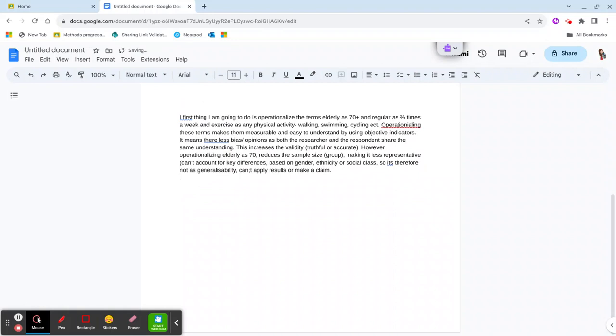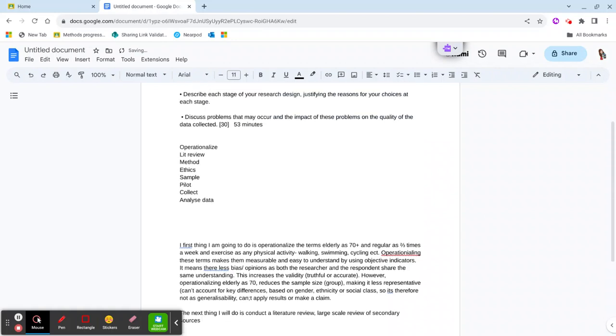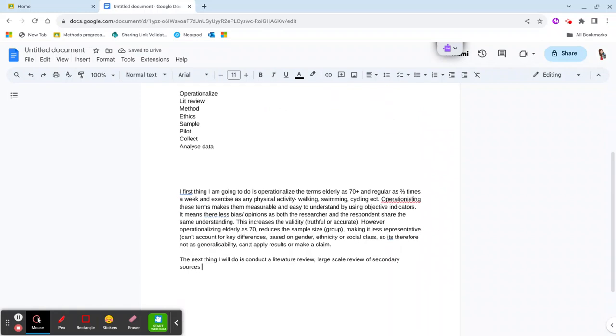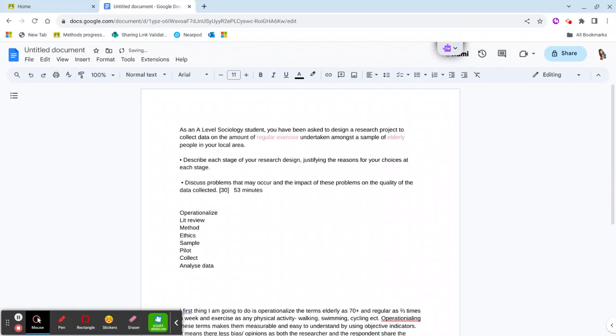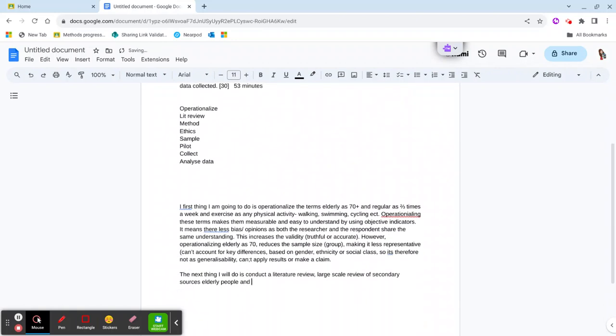The next thing I will do is conduct a literature review, or a large scale review of secondary sources. Next thing I'm going to do is a large scale review of secondary sources on elderly people and regular exercise.